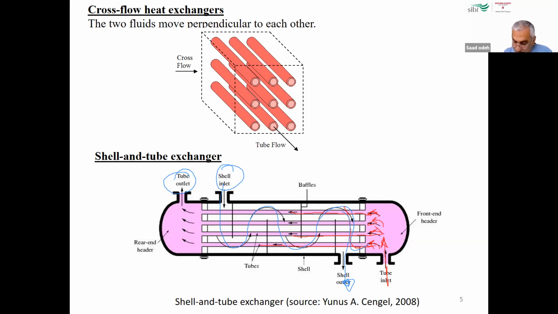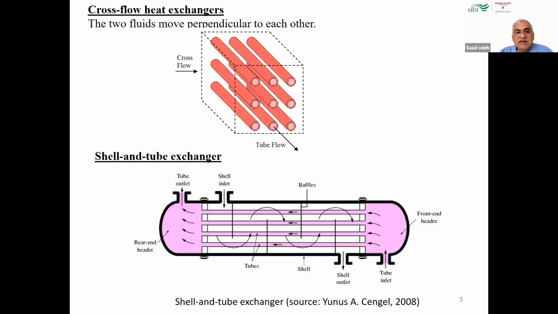The cold fluid comes from this side to leave with a higher temperature at the exit here, while we have hot fluid coming from this side to heat the cold fluid.